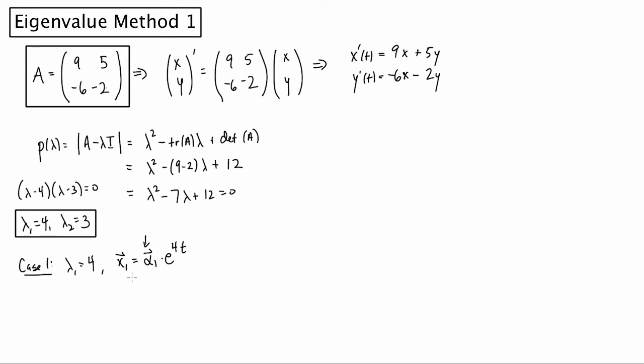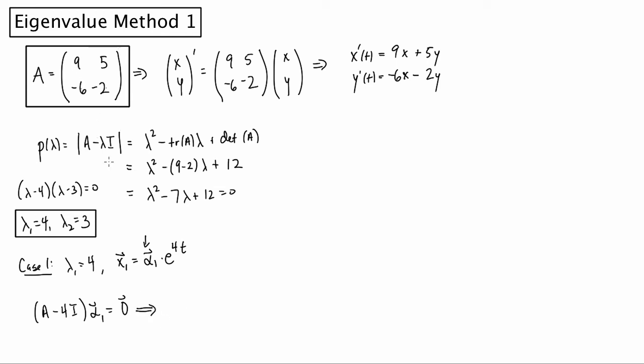The value of alpha 1 is the corresponding eigenvector for lambda equal to 4. And so I'm looking now at the matrix A minus 4I, which means that I'm going to subtract 4 from the diagonal.